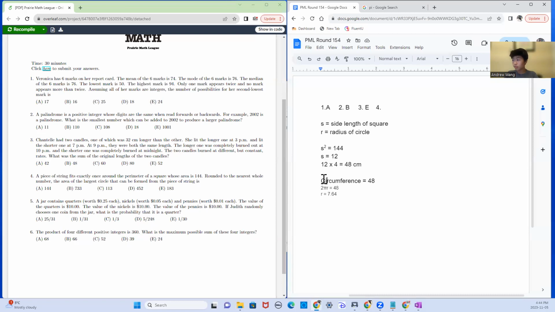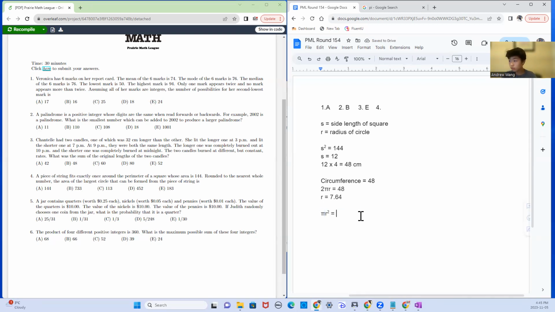So that is where we use the R. Now we need to calculate the area of the largest circle. We can calculate the area of a circle by doing pi r squared. Since we know the radius is 7.64, we can just plug it in.